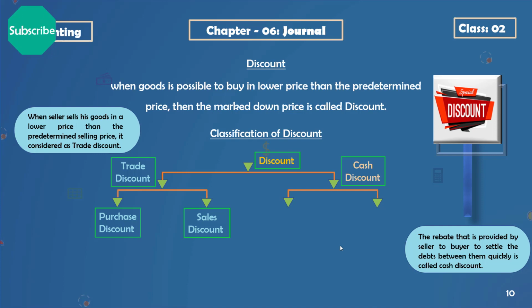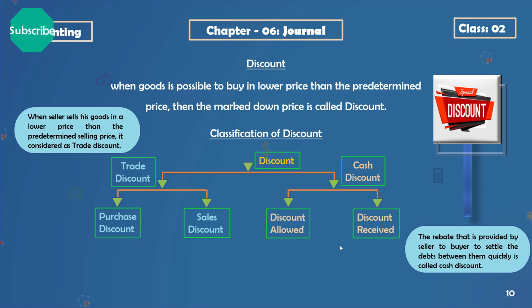So when you are the purchaser or buyer, you consider your trade discount as purchase discount, and when you are the seller, you consider trade discount as sales discount. From your example, you received purchase discount and the SSC shop allowed you sales discount. Okay, so cash discounts are discount allowed and discount received.